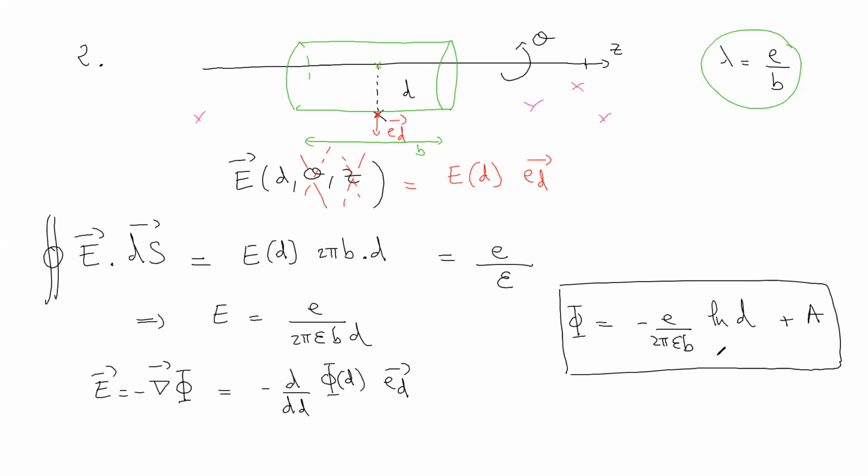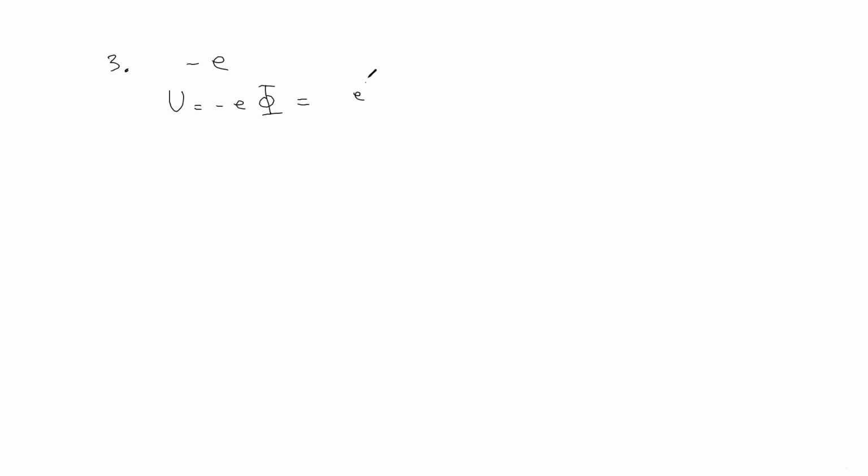So the interaction energy between the field created by the polyelectrolyte, this infinite line, and the counter ion is simply minus e times phi. And since we had this formula, it's e squared over 2 pi epsilon b log of d, and plus any constant we want again, or minus eA. All right? So that's the interaction energy between the field and the counter ion.